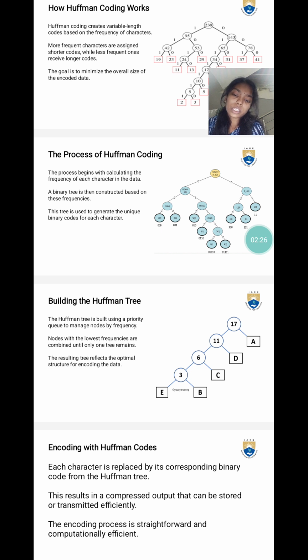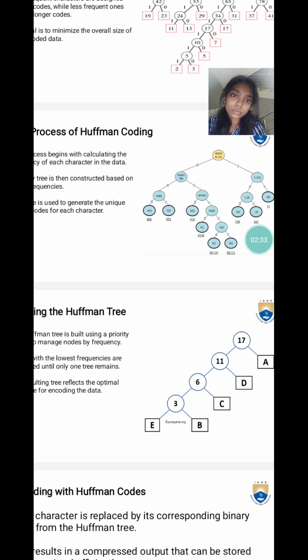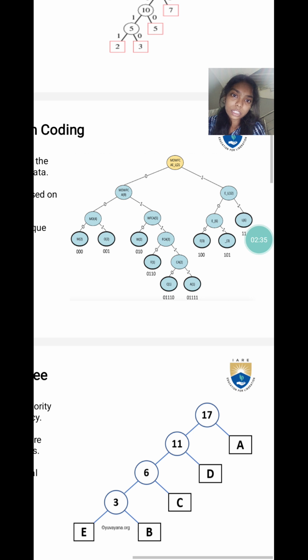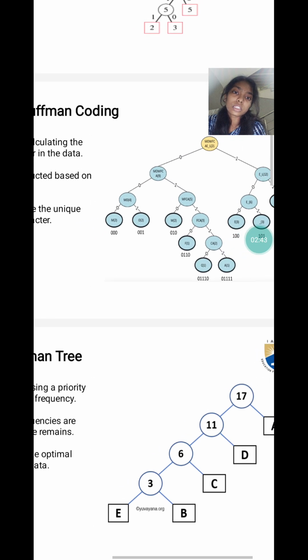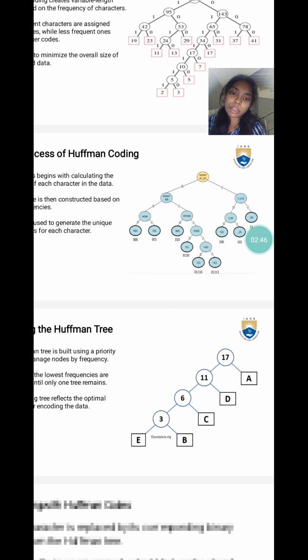If the frequency is low, we have to use more bits, and if the frequency is high, we have to use fewer bits. Based on the frequency we use the Huffman coding.